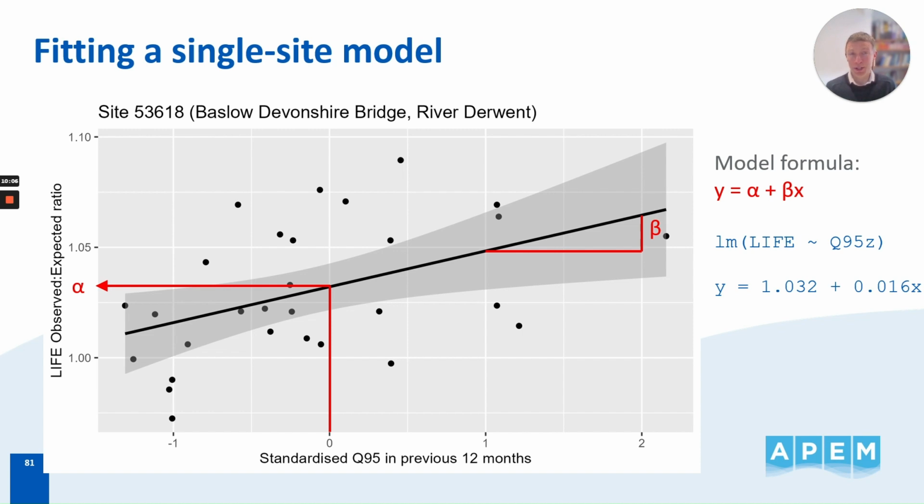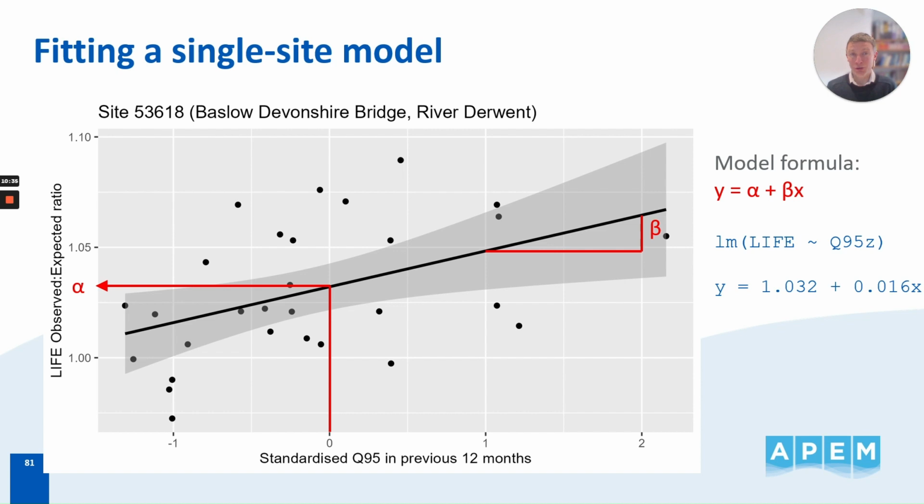Here our predictor variable is standardised, so a Q95 value of 0 indicates that our low flows are normal for that site, and so the alpha coefficient tells us what we would expect the LIFE scores to be under those conditions. The beta coefficient describes the slope of the line. The steeper the slope, the more sensitive our ecological community is to antecedent flows.